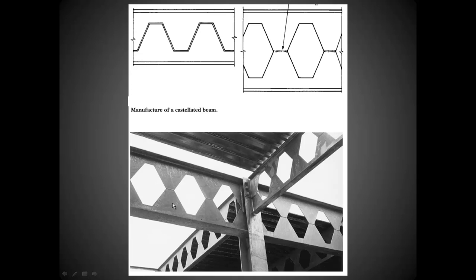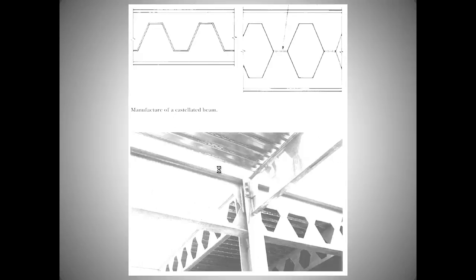Trying to extrude a beam that might be 5 feet deep would be difficult. Maybe factories can't do it, but if you need something that deep, you could use something like a castellated beam, where you can use approximately half the depth of the beam and have it cut and reshaped to create basically a 2-piece beam that's been welded together to create one structural shape. That's referred to as a castellated beam.